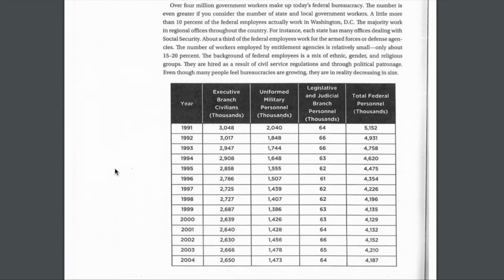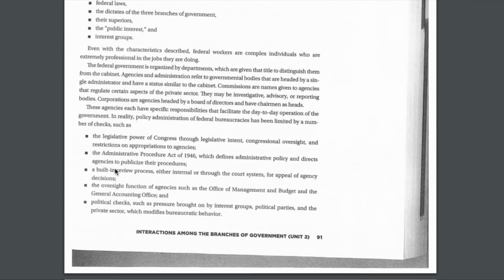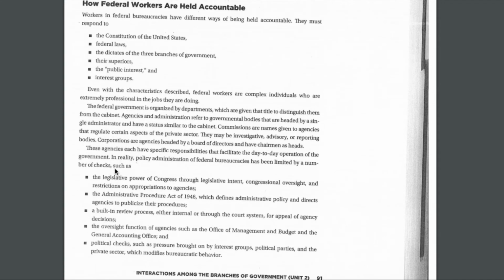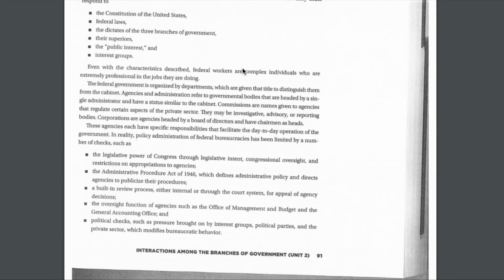So that's the way that they are held accountable. They have to follow their superiors, follow the federal laws, and act in the interest of the public. So there are agencies and administrators that run governmental bodies. There are commissions that regulate different things, and there are corporations that are running programs and sometimes trying to make money.